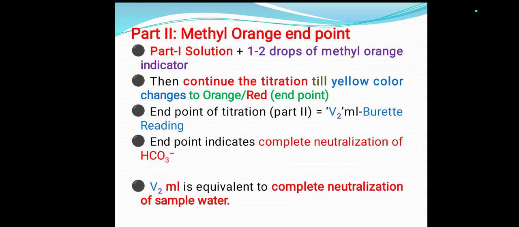Here the endpoint indicates complete neutralization of bicarbonate, and V2 ml is equivalent to complete neutralization of the water sample. No alkali is left behind after completion of part 2.